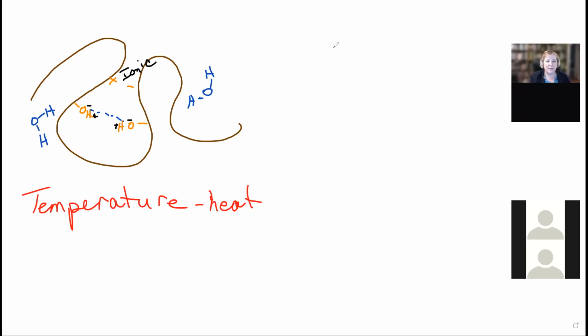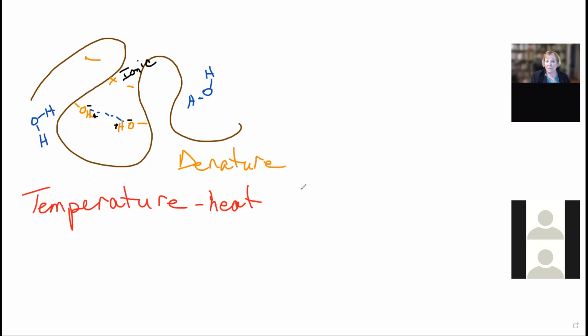And so this negative charge gets bent clear over here. Okay. This hydrogen bond gets broken. And what is the fancy dancy term that we have for when a protein is unfolded into its primary structure? Denature. Denature, yes.